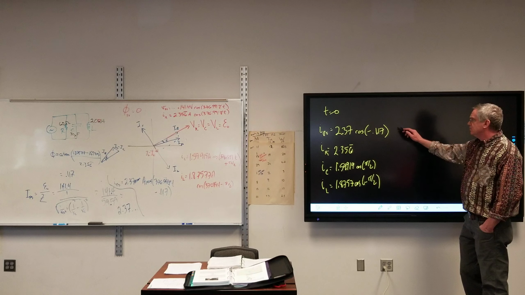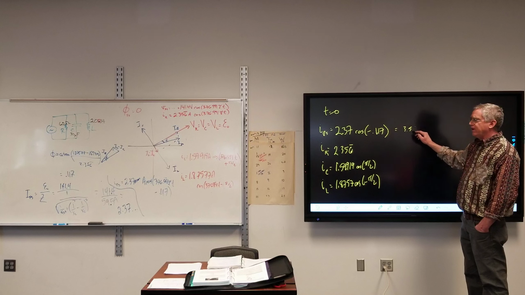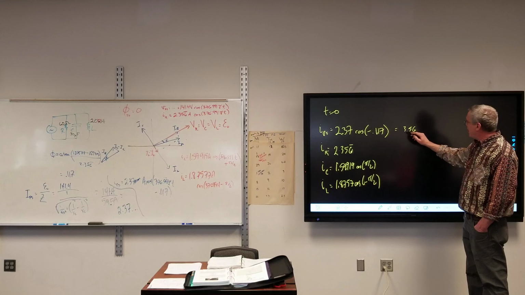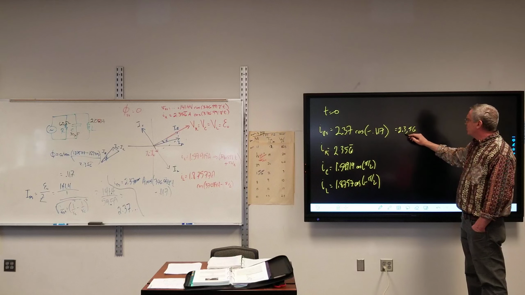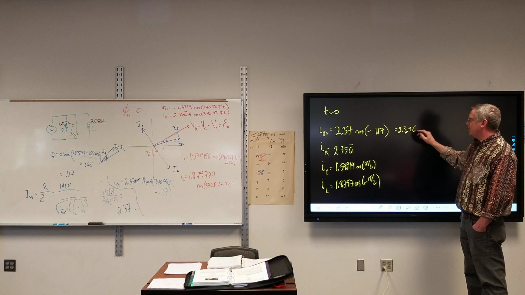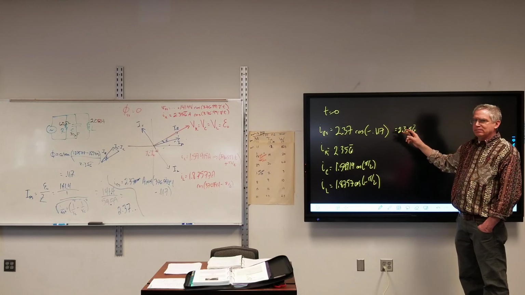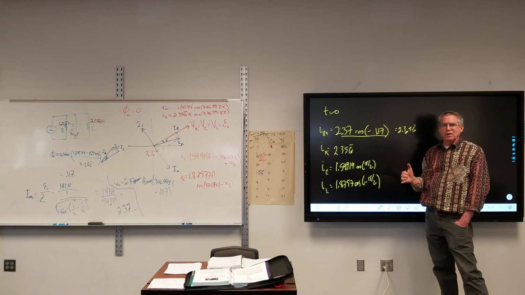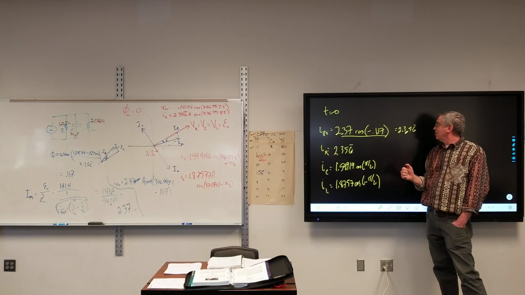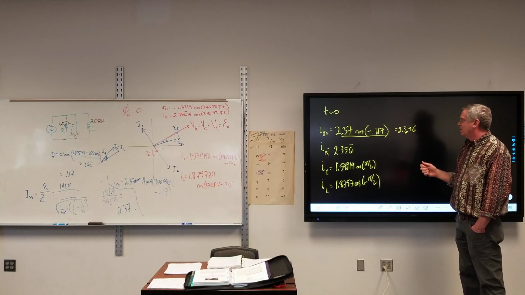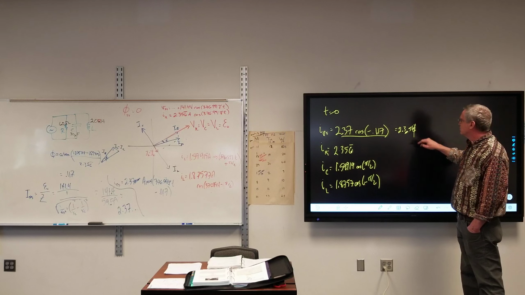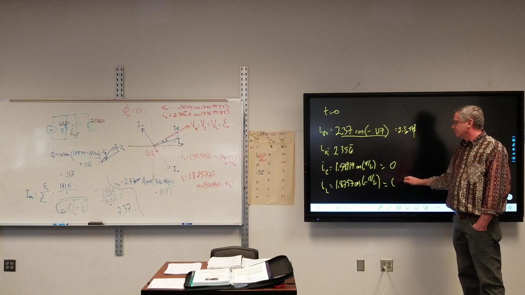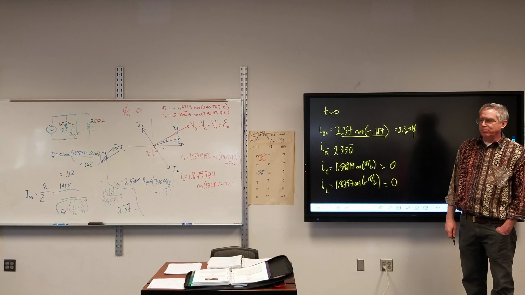So the first one should be about 2.35, and these are both equal to 0.